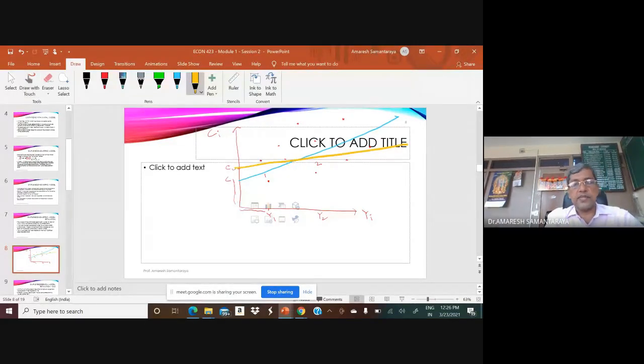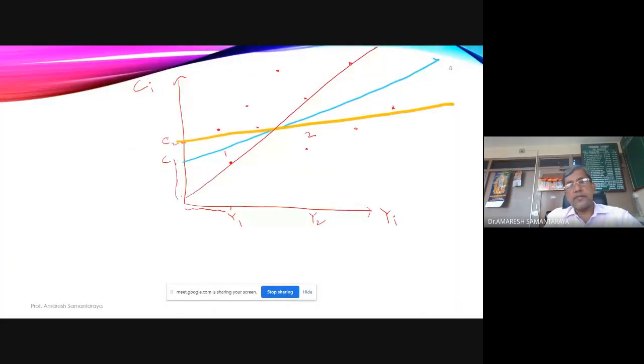A third student may think this is the best way. There is a scatter plot of Ci and Yi, and all of us can find a way of explaining the relation between Ci and Yi, which is represented by these points on the scatter plot. Which one is the best?